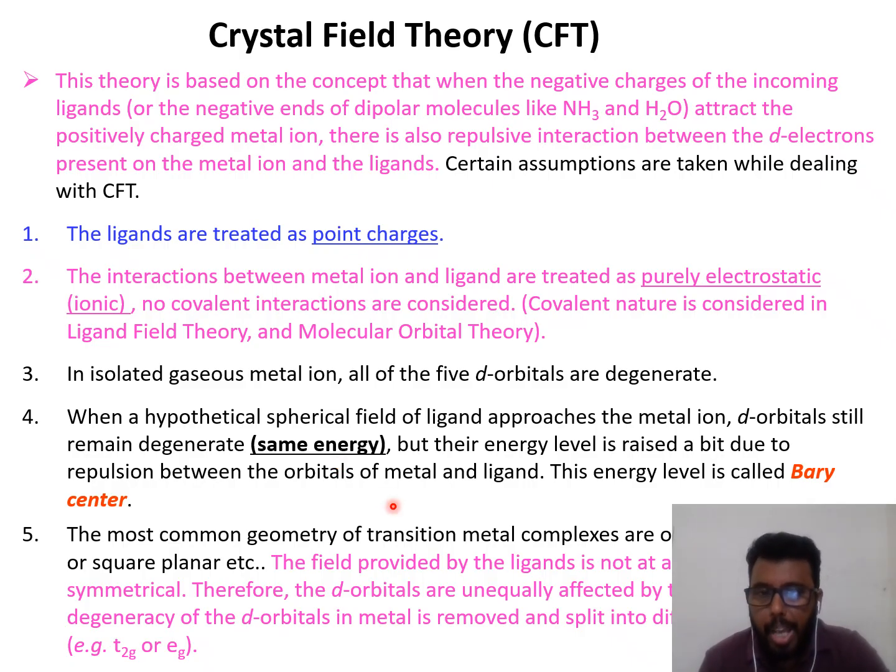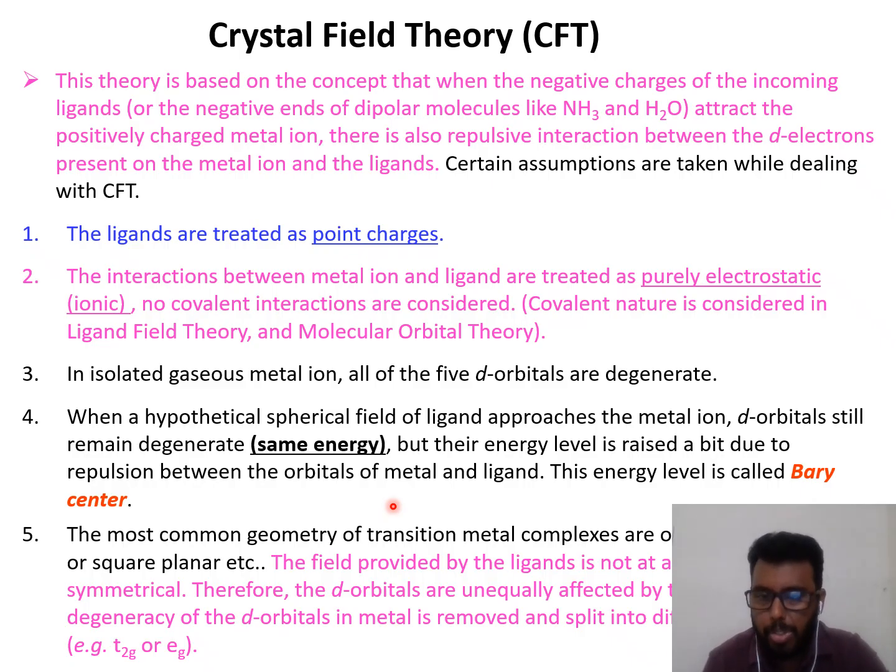According to CFT, we have to assume that the metal ion is an isolated gaseous ion. For example, if you have a transition metal ion, it will have d orbitals. D block elements or transition metals will have the d orbitals that we know. D orbitals means 5 orbitals. S orbital means 1, p orbital 3, d orbital 5, f orbital 7.